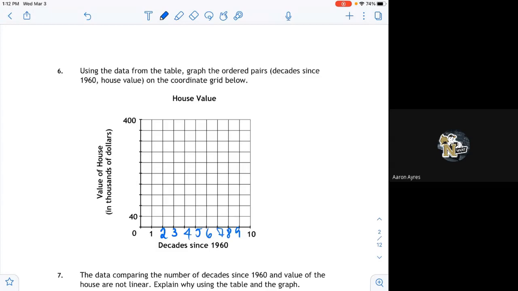This goes by 40s, so this is 40, 80, 120, 160, 200, 240, 280, 320, 360. Are we okay with that?